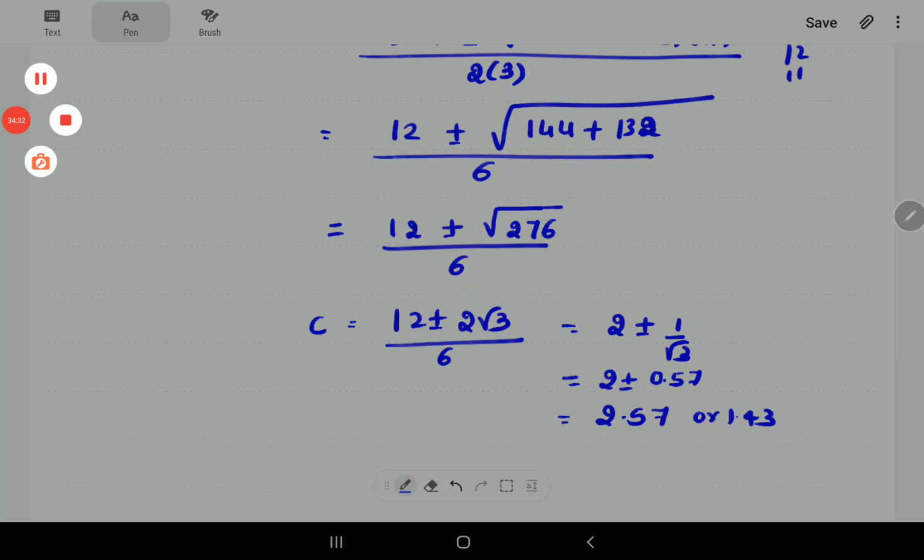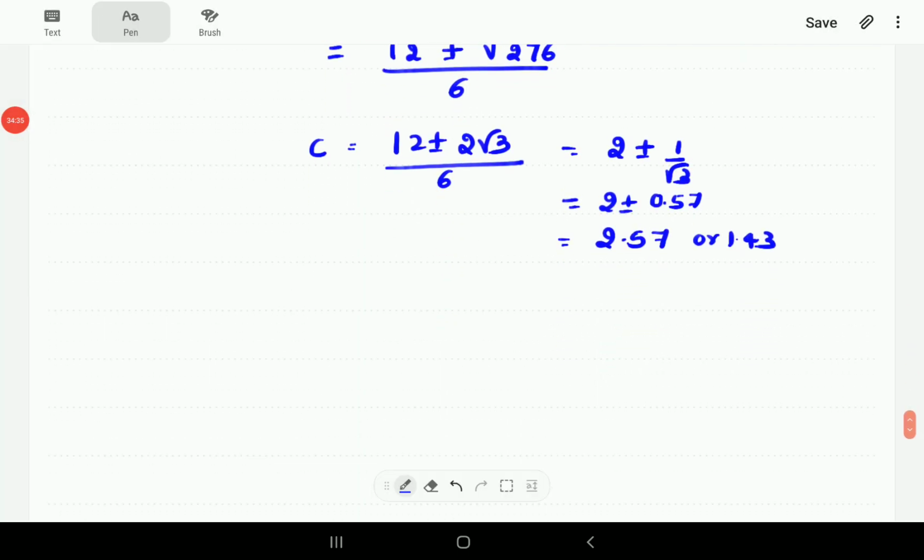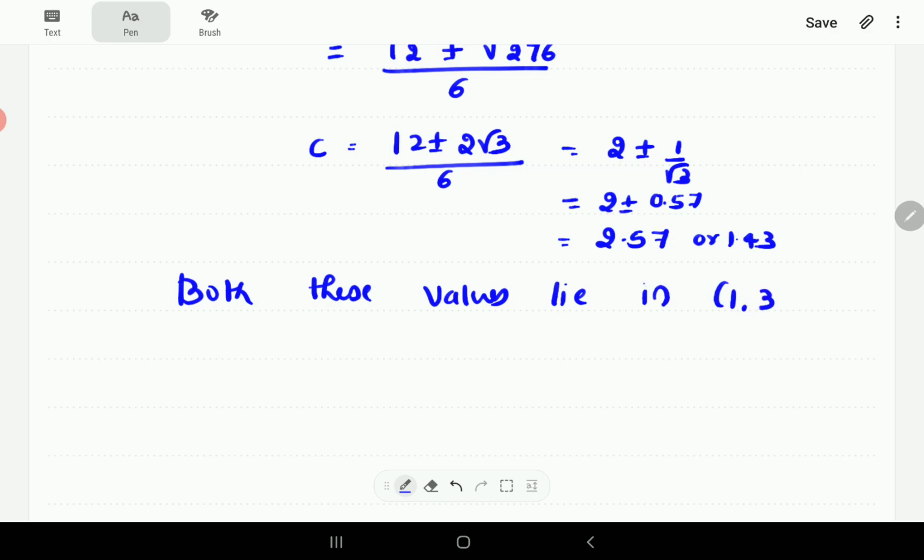So clearly, both these values lie in the open interval 1 comma 3.